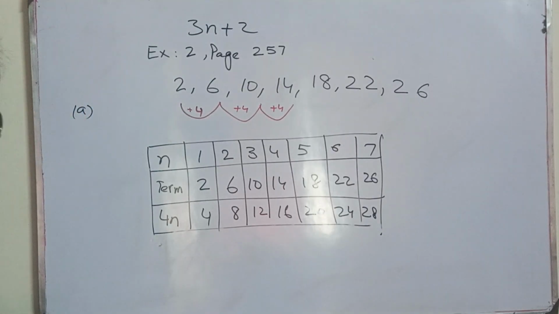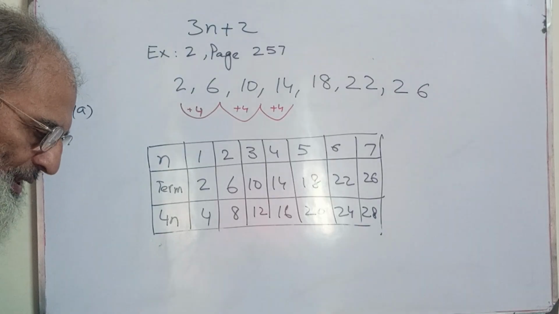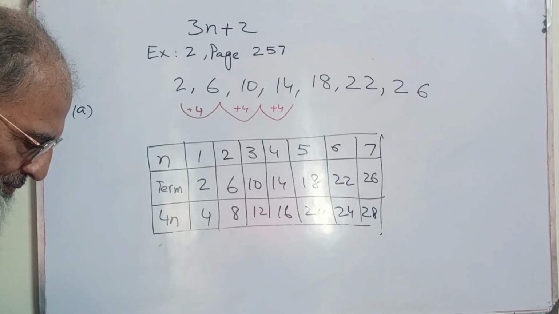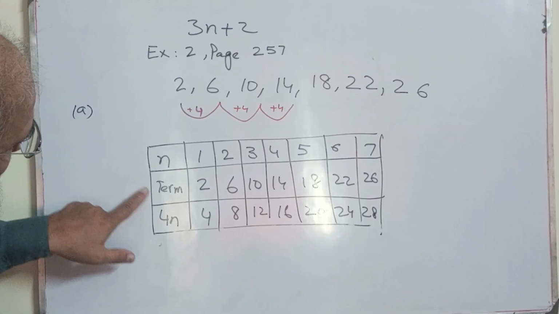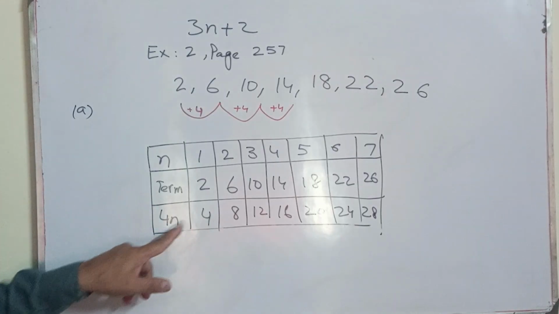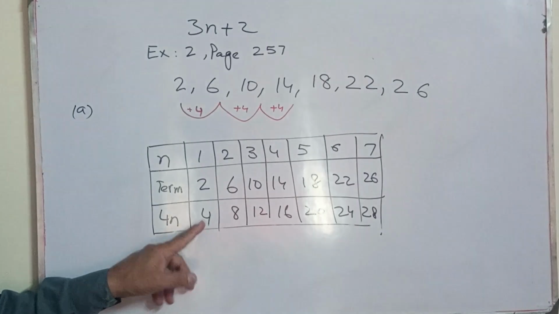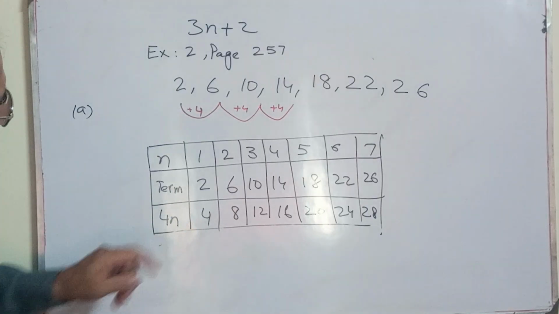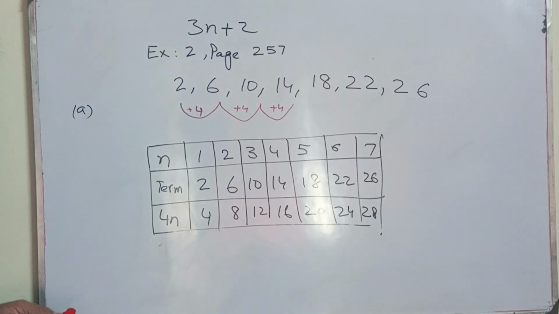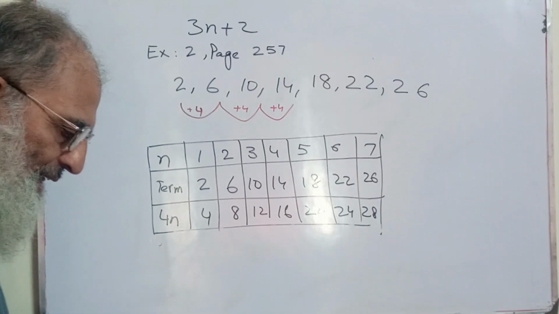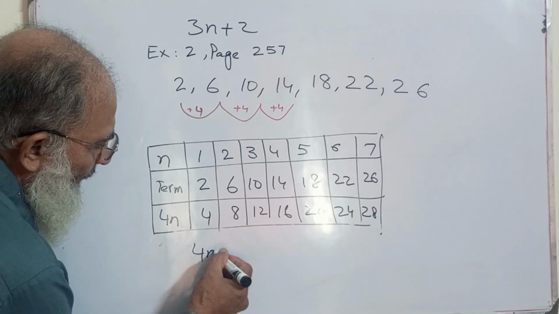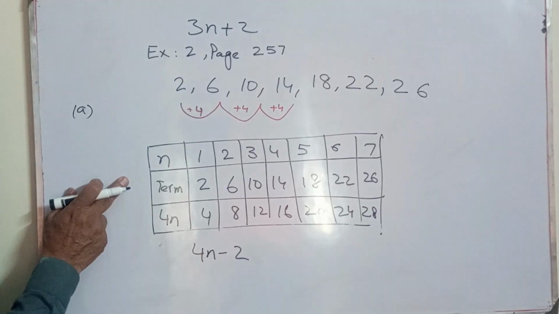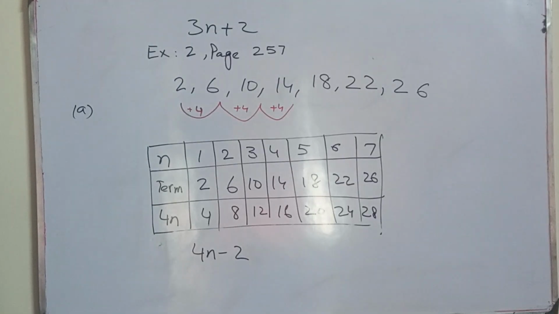Now you see that each term is less than the 4n term. That means we are getting 4n minus 2 if we want to find the term.